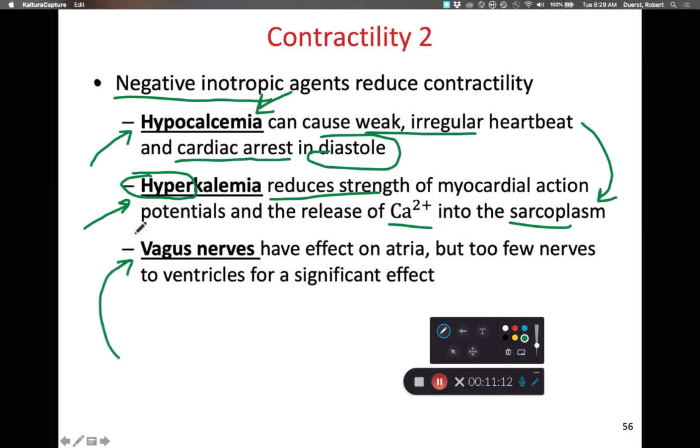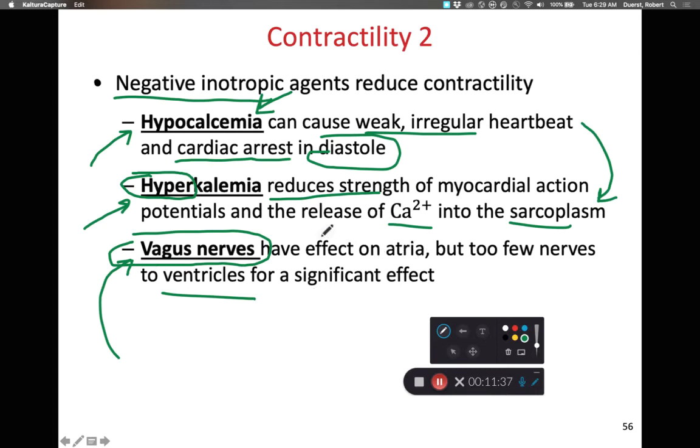Another inotropic effect is the vagus nerve. When we think of the vagus nerve, that is the nerve of the parasympathetic nervous system, cranial nerve 10, that travels to the heart and downregulates the contractile strength of the atria. There are very few nerve branches to the ventricles for the vagus to have a significant effect.